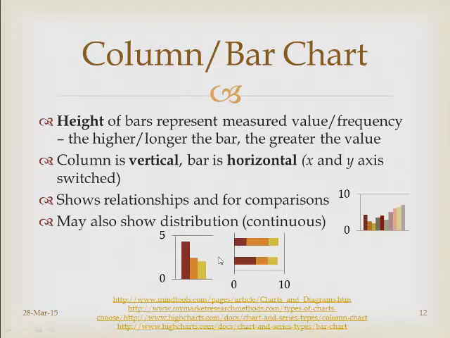Now when do you use the column or bar chart? It shows relationships, and it is used for comparisons. If you want to compare between certain things, you may want to use a column or a bar chart. It may also show distribution. What does this mean, distribution, when it's continuous? For example, let's see what the distribution of the height of everyone in our class is like.